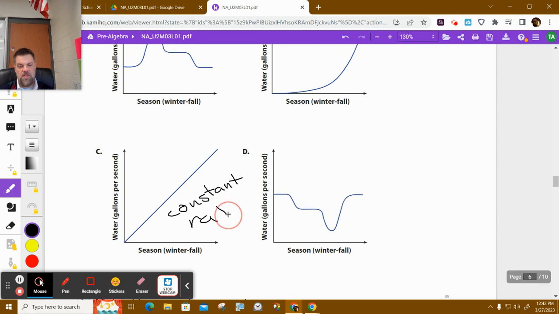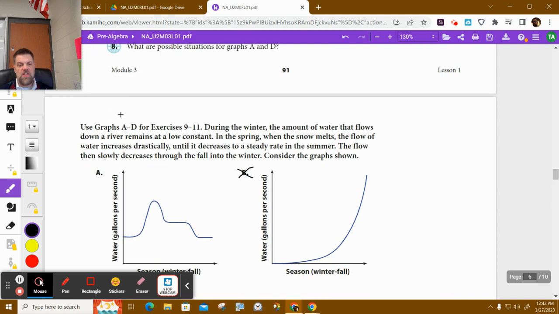That's not what was described. So the question then is, does it increase or decrease? So it says during the winter, the water flows downriver at a very low constant. In the spring, when the snow melts, the flow increases. So it is A, yeah.